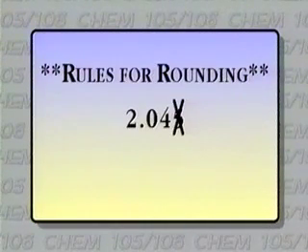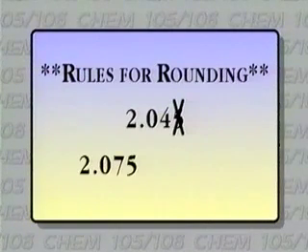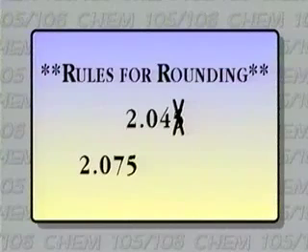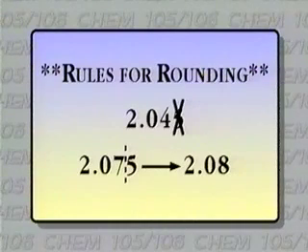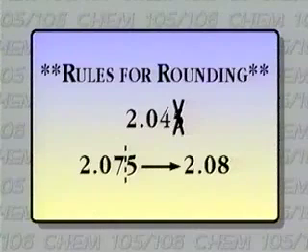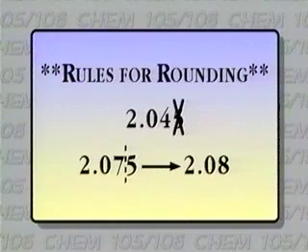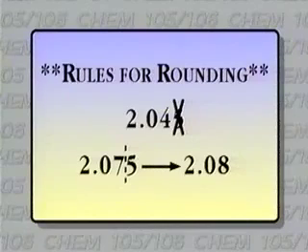If our number was 2.075, because it's an odd number, we would rewrite it as 2.08. In other words, we're always going to round an exact 5 so that we have an even number. You see, what we have done is we have thrown it away and kept it an equal number of times. So statistically, we're not impacting our answer.